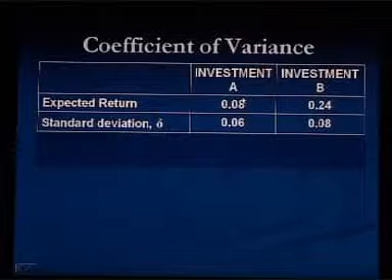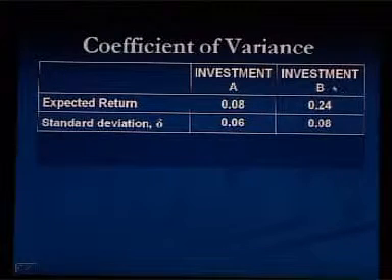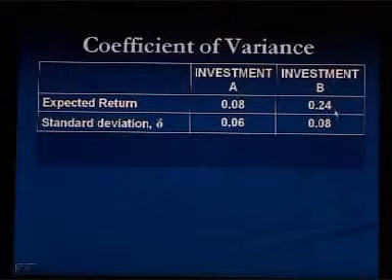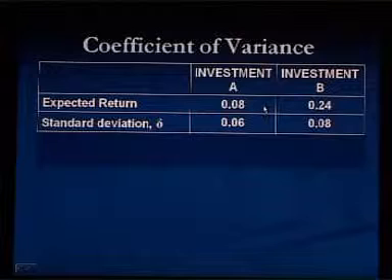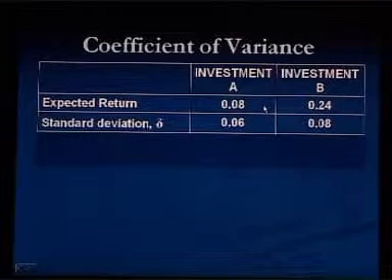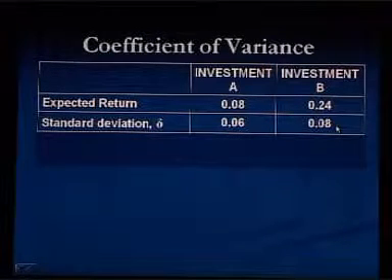You can find that in case of investment A, expected return is 8%, but in case of investment B, expected return is 24%. There is a huge difference between the expected returns of the two investments, but the standard deviation for investment A is 0.06 and for investment B is 0.08.